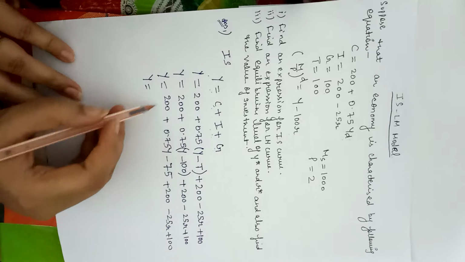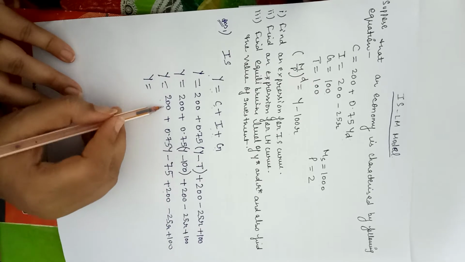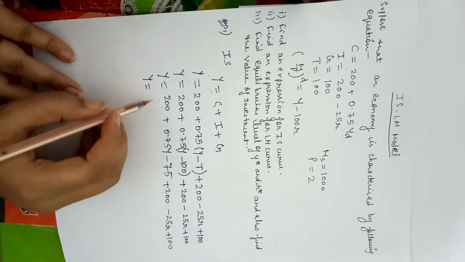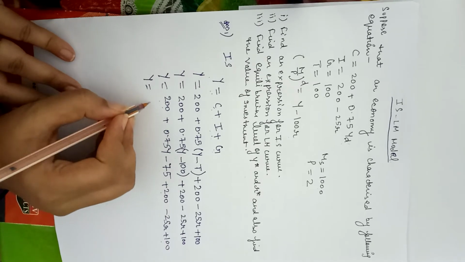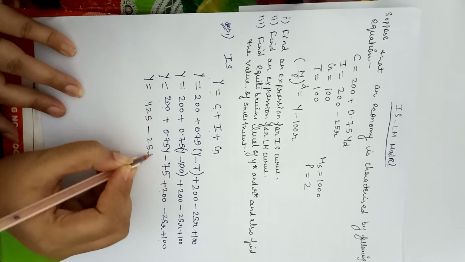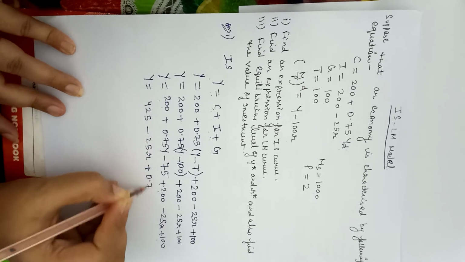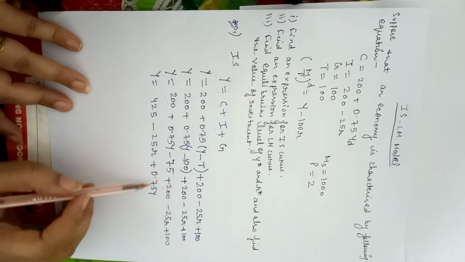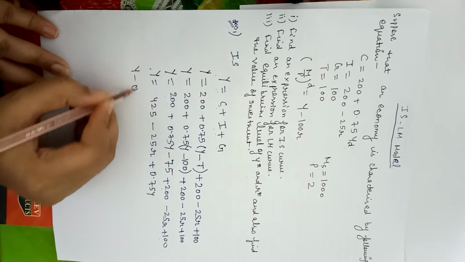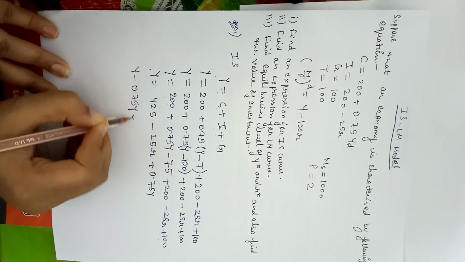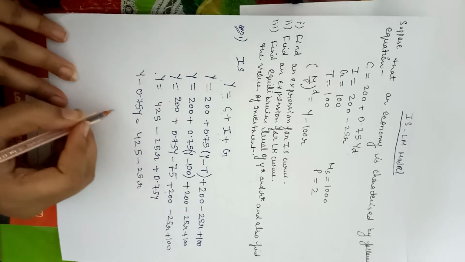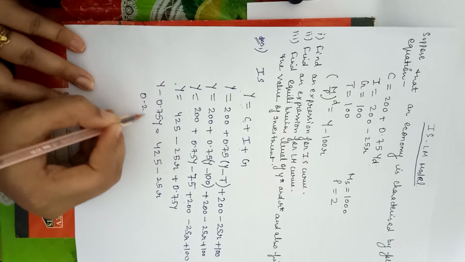Now we will add 200 plus 200 plus 100, 500 minus 75, which will give us 425 minus 25r plus 0.75Y. Now we will take this Y to the left hand side. Now here we will get this.